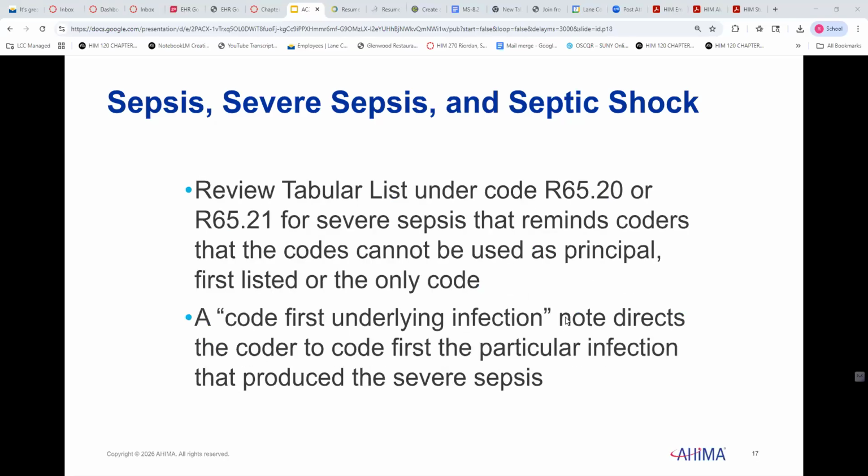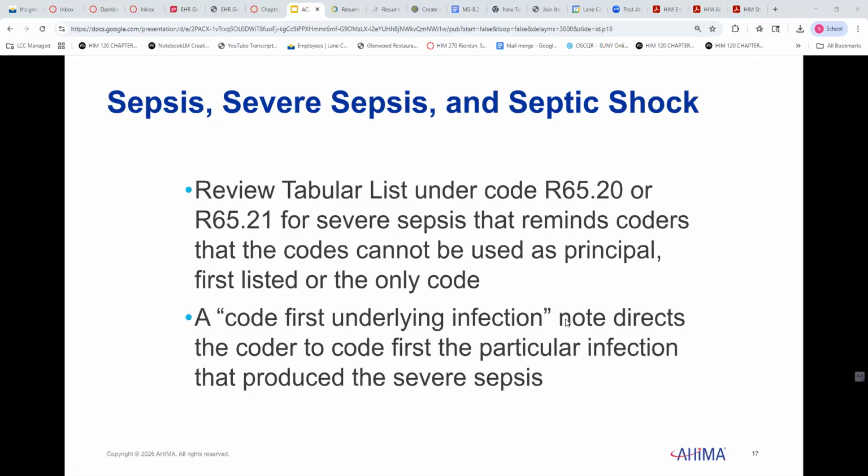You need to review the tabular carefully when you get to codes R65.20 and R65.21 because these codes are never used as a principal diagnosis. They cannot be first listed codes either, right?